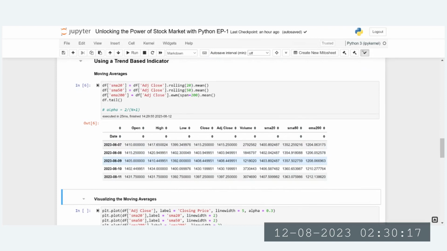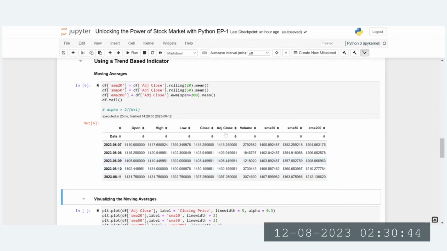If I'm a short-term trader, I might not be interested in looking at a very long duration like 200 days. Maybe I'll just look at 20 days or 10 days or 15 days. If I'm a long-term and positional trader, then I probably want to look at a higher number because I want to understand the trend properly so that I can take a trade and leave it open for a longer duration.